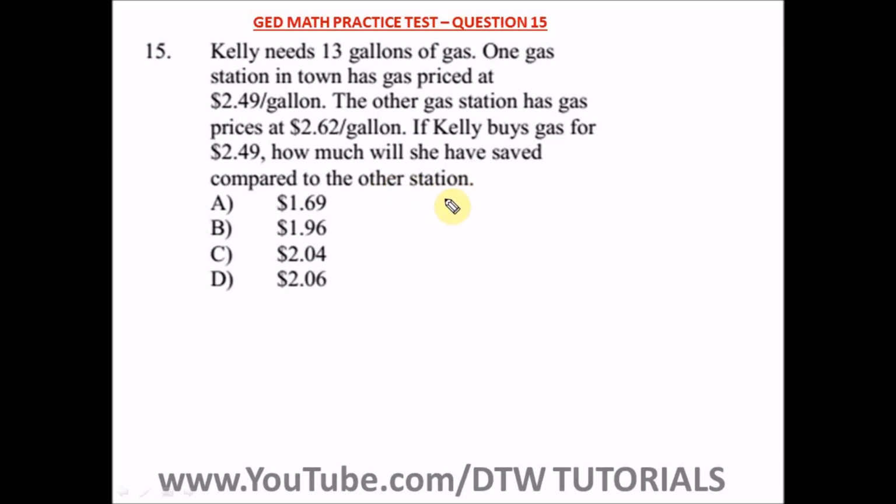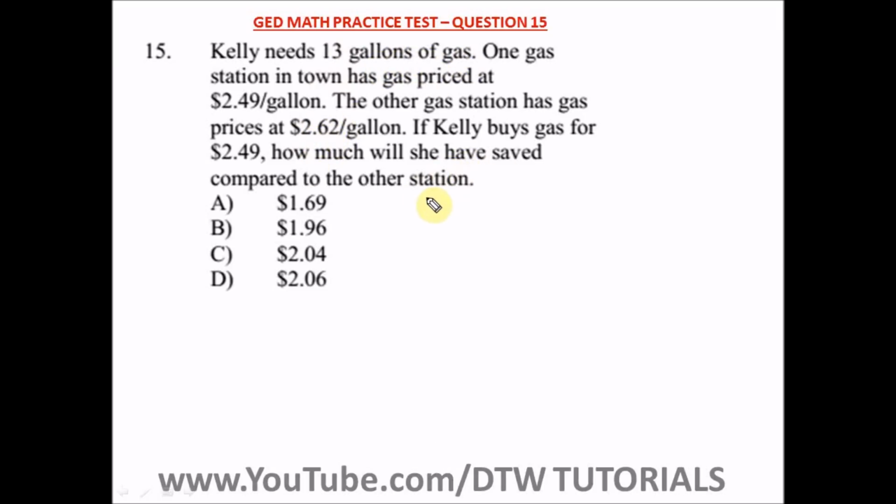Okay, so we're looking for how much she would save compared to the other station that's selling at $2.62 per gallon. And remember, Kelly needs 13 gallons of gas. So we have to find the total amount she would pay for 13 gallons of gas at this price, then subtract it from the total amount she will pay for 13 gallons of gas at this price.